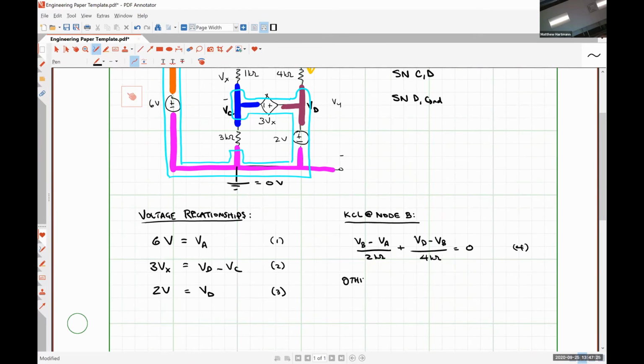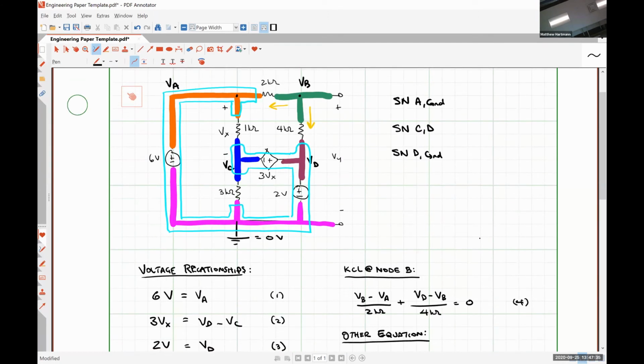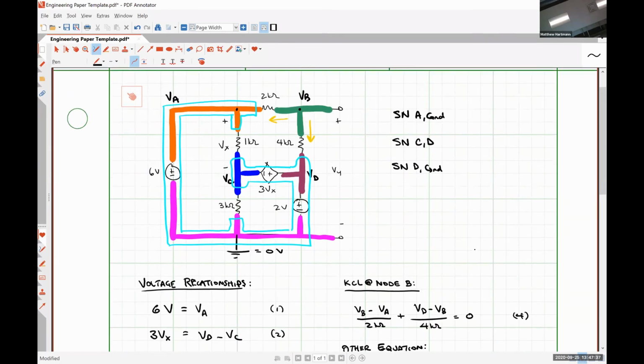Now, anytime we have a dependent source, we are going to have to define the controlling variable, which in this case is the voltage Vx, in terms of our nodal voltages. I want to be very, very explicit here because this is another place I see a lot of confusion.